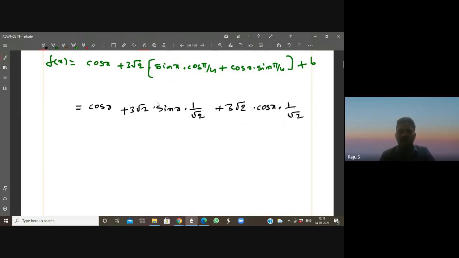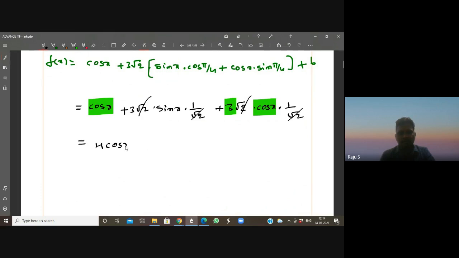The root 2 terms get cancelled. Now you can write 3 cos x, remaining 3 cos x plus cos x, 4 cos x.